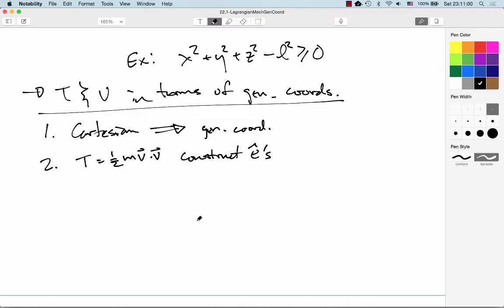You follow the same kind of recipe for the potential energy, but it can often be expressed naturally. And we'll get some examples of that going in just a sec.